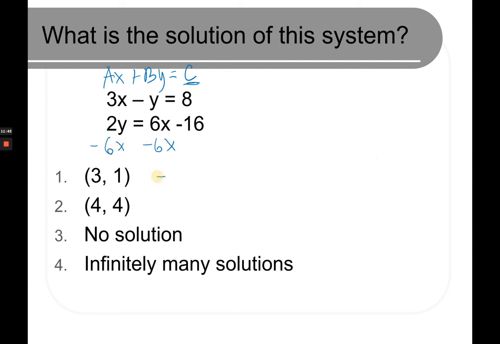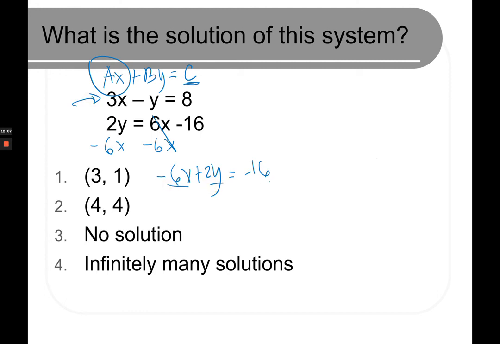This now becomes -6x plus 2y. I just wrote them next to each other. 6x is written first because the x term comes first before the y term. This cancels, and then you have -16. If you are very smart, you noticed that probably they have the same slope.